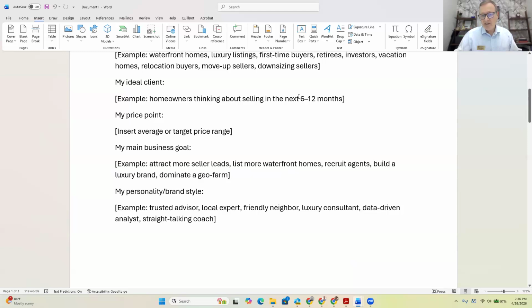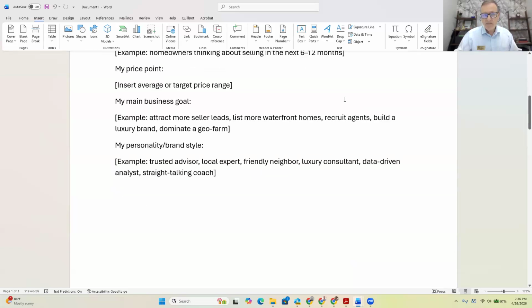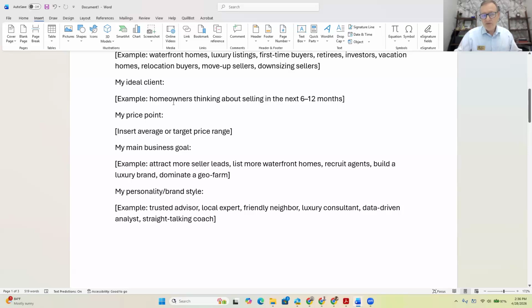Homeowners thinking about something in the next 6 to 12 months. If I want a buyer, I would look for people looking to purchase a home in Duck Key, for example. Then my price point, the ideal price point I want to work in. You could put 500 to a million, you could put million plus, or you could say I want to specialize in homes only over 5 million.